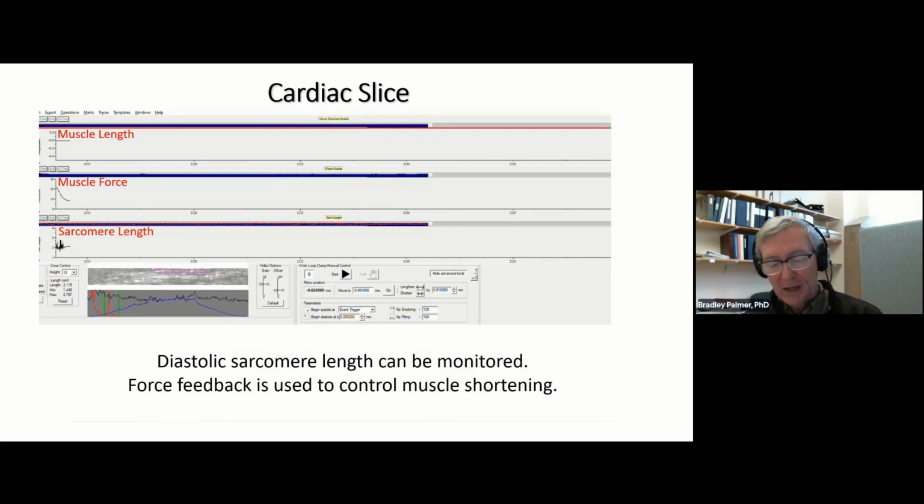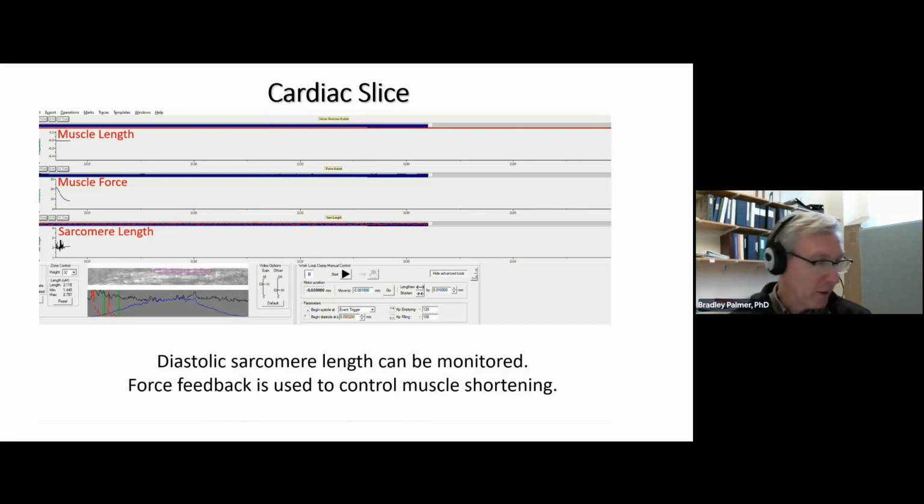So here you see a data collection interface for the three measurements. The top trace monitors motor position and indicates muscle length. The middle trace shows muscle force, and the bottom trace shows sarcomere length. And if you look closely, you can see sarcomeres in the video window just below the bottom trace.